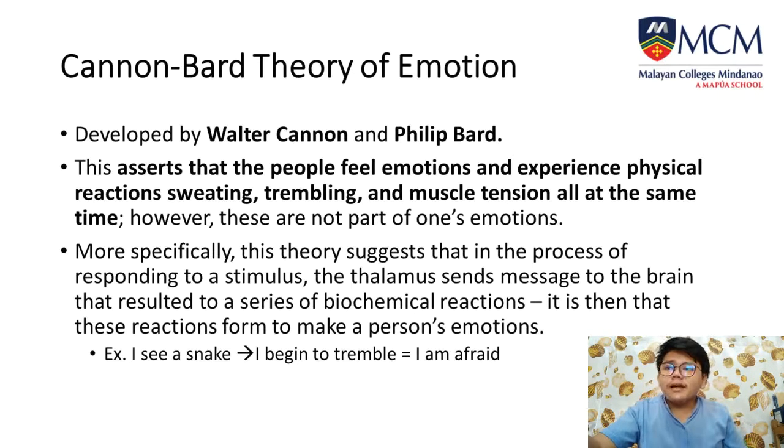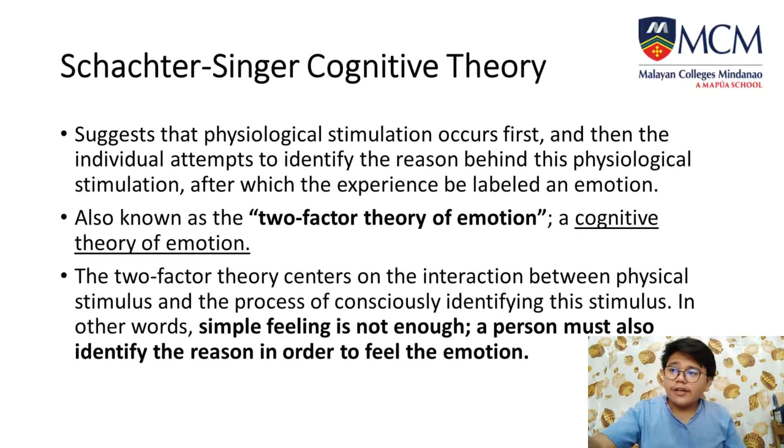Next, the Schachter and Singer cognitive theory. They suggest that physiological stimulation occurs first, and then the individual attempts to identify the reason behind the physiological stimulation, after which the experience is labeled as emotion.